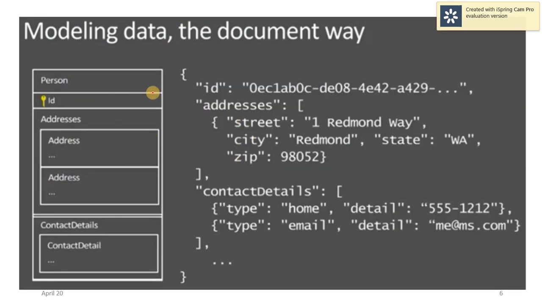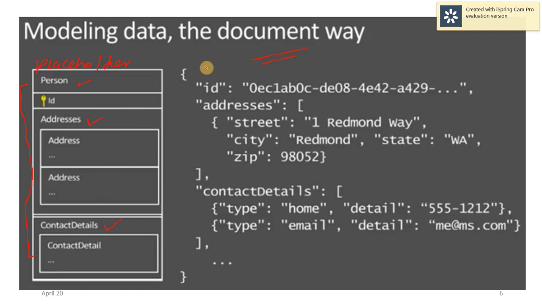However, this is quite different from modeling data in a document way. If you take a look at all of these entities, person, addresses, and also contact detail, these entities are being placed into a single placeholder. So this is what we call a placeholder. It's like one row is represented in one placeholder here.